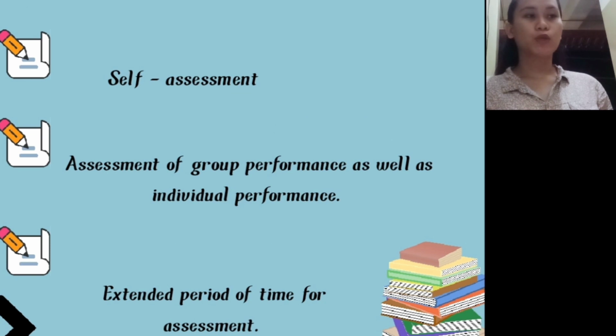In this, students will be guided upon doing a certain task through a scoring rubric given by the teacher. Next, assessment of group performance as well as individual performance. They may be evaluated for the group's output and individually for the individual members' contribution.